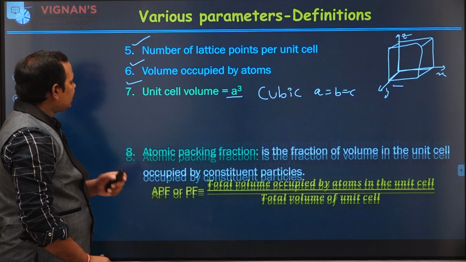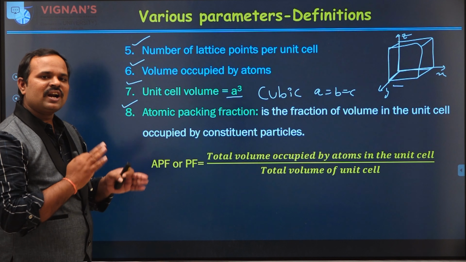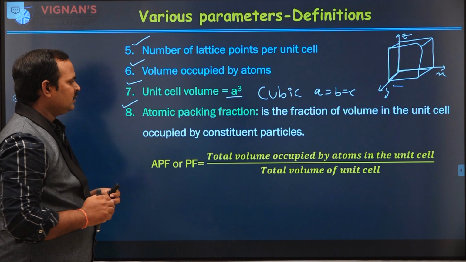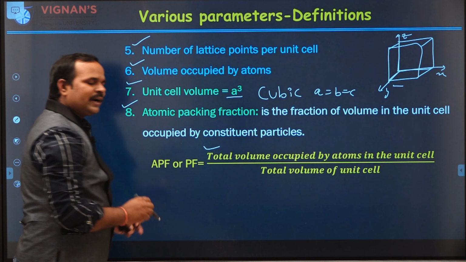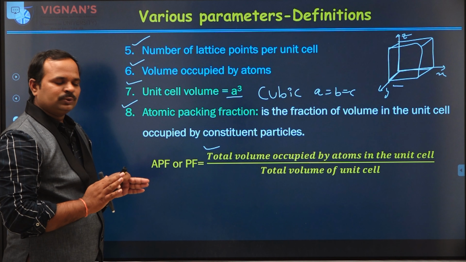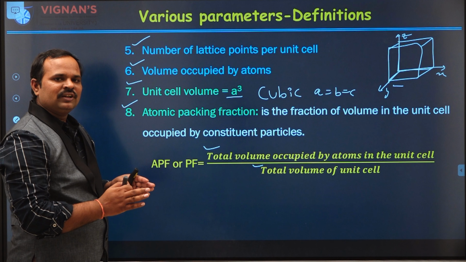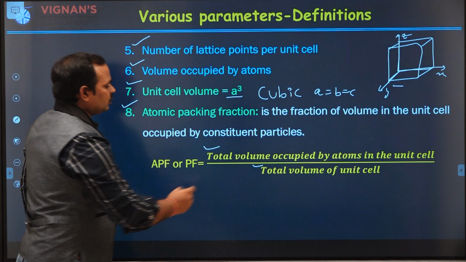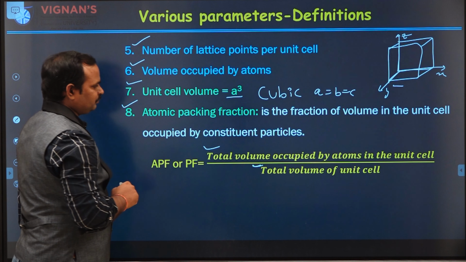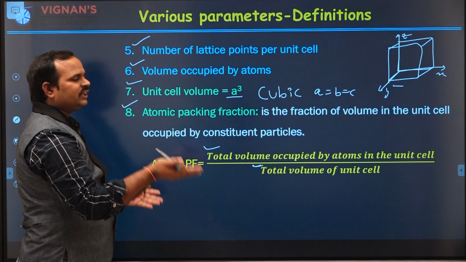Another important one, a very important one, is the atomic packing fraction, or packing fraction of the unit cell. Packing fraction is the ratio of the total volume occupied by the atoms in the unit cell to the total volume of the unit cell. It is the fraction of volume occupied by the atoms in the unit cell.